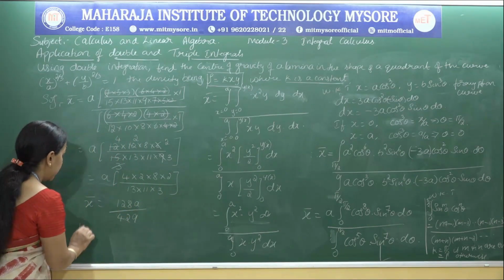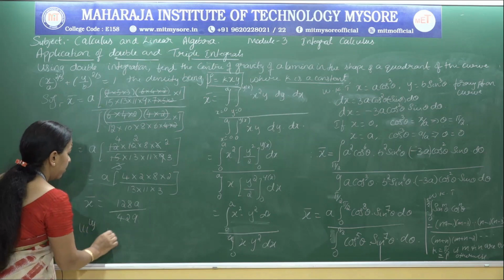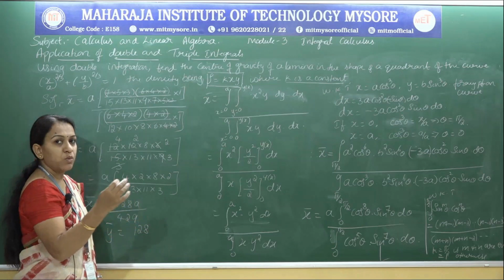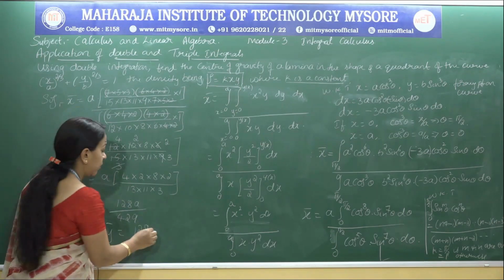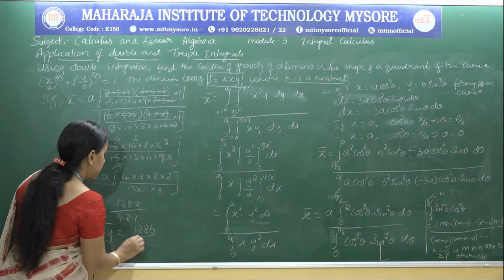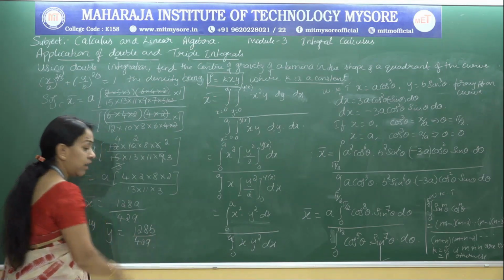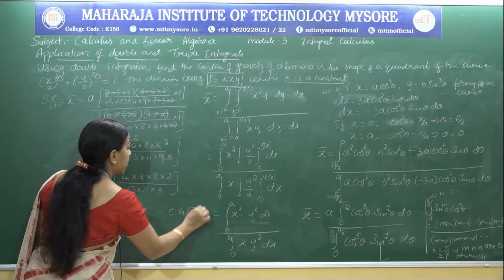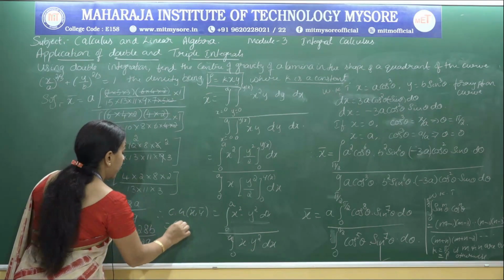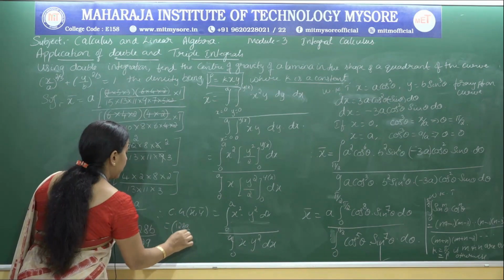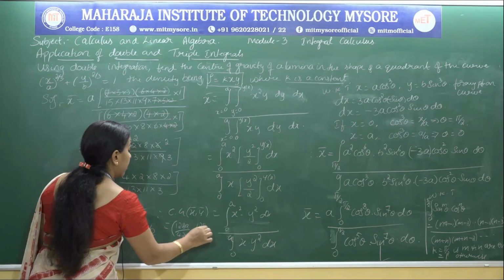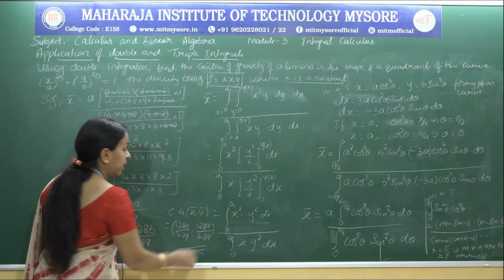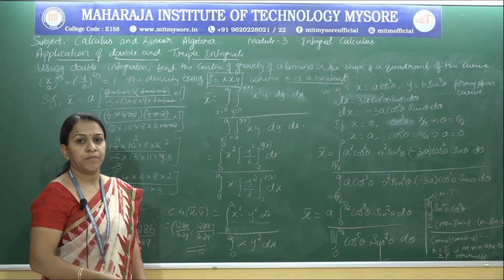Similarly y bar will be equal to 128 times b, because y by b whole power 2 by 3 we have, that is 128b by 429. Therefore, the center of gravity x bar, y bar is given by 128a by 429 comma 128b by 429, is the required result.